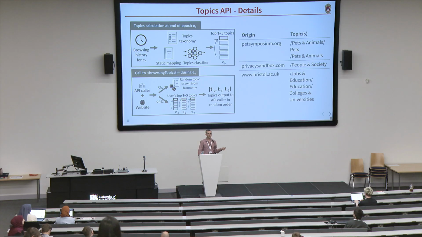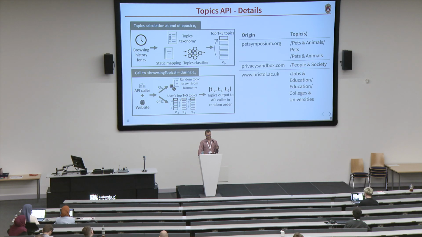How does this classification happen? Well, Google releases a fixed taxonomy of topics, about 350 topics for version 1, and now in version 2 we have about 650 topics. For the classification to happen, only the fully qualified domain names of the URLs on the website the user is visiting are taken into account, and then compared to a static mapping.